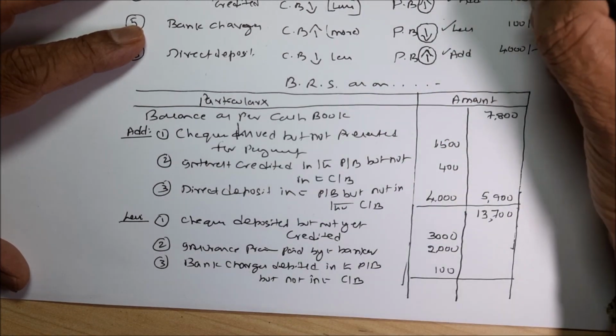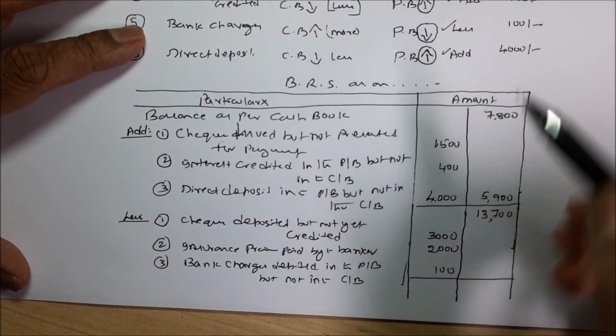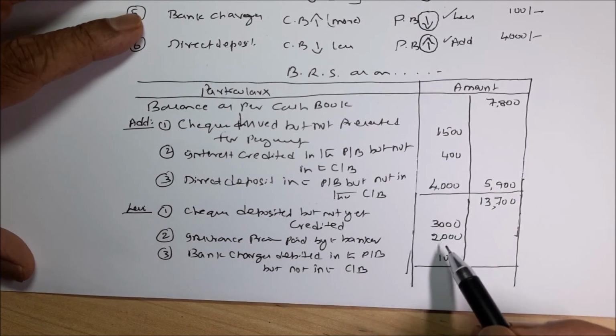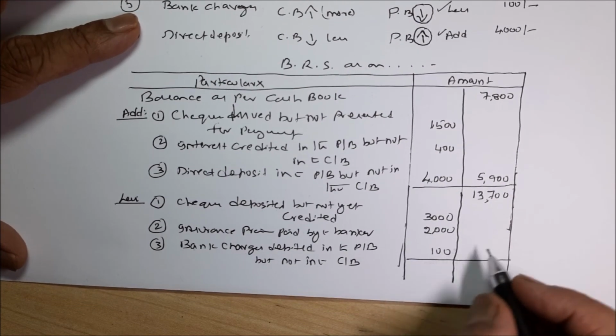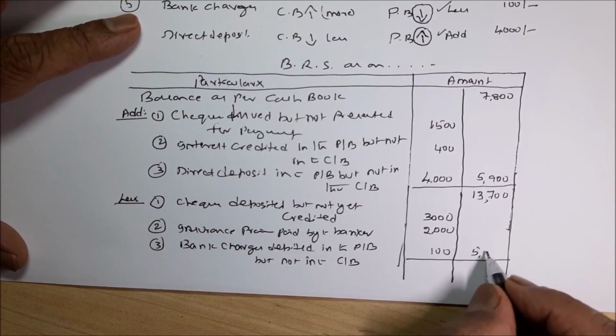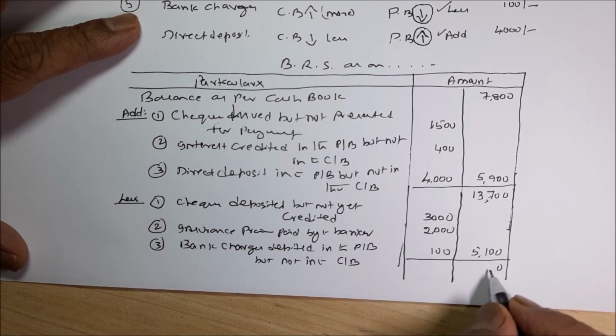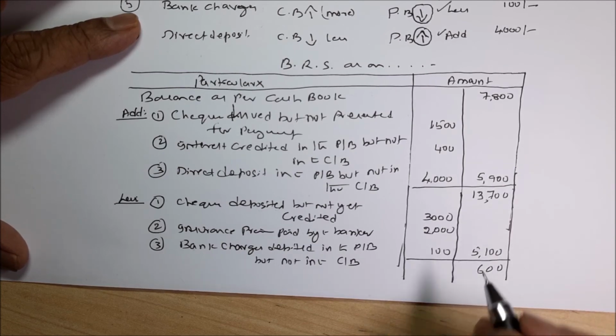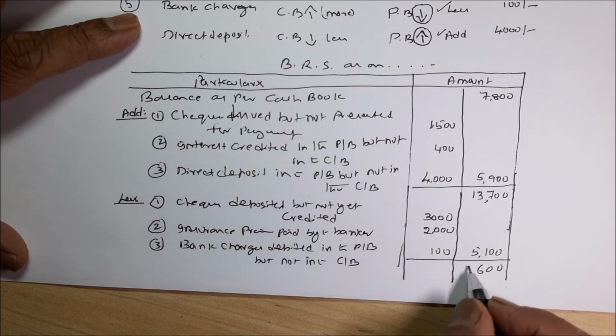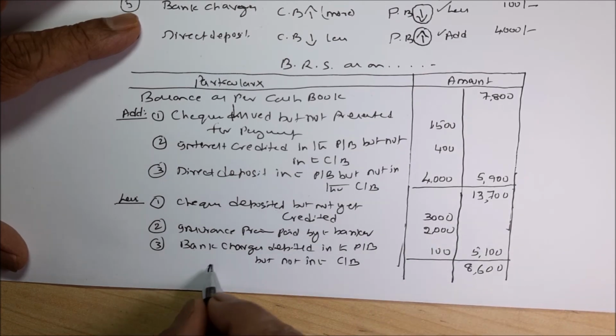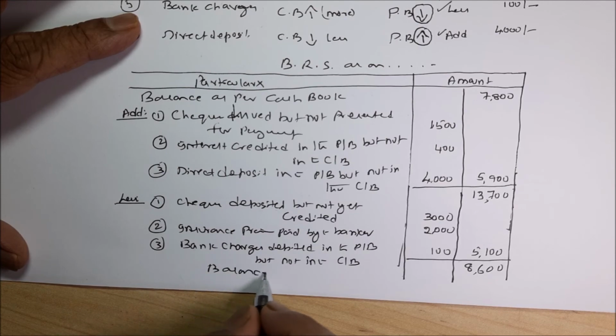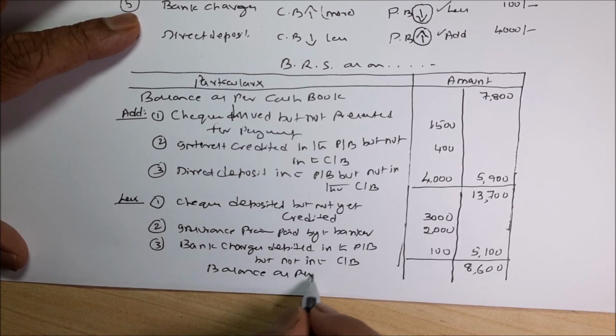Third, you see, 1, 2, 3, 4, 5, 6. So add, it is 5,100. 0, 0, 6, right? 7, 1 minus 6, 13, 8. Balance as per passbook.